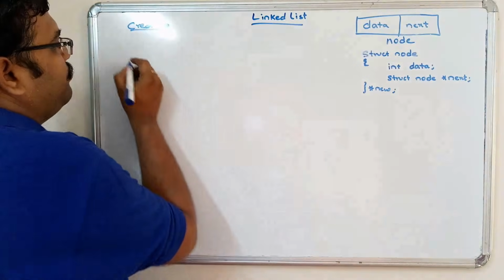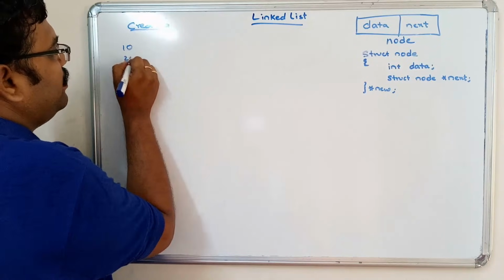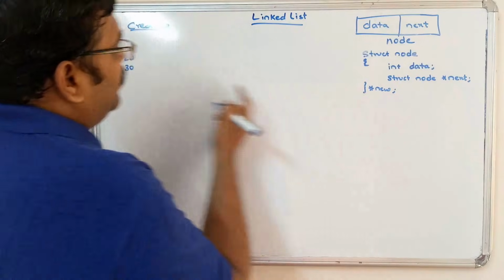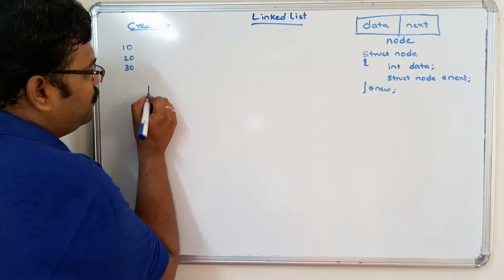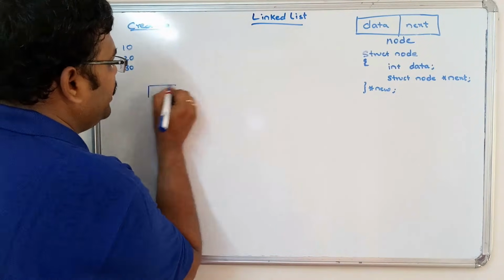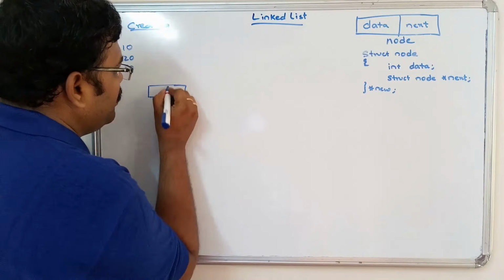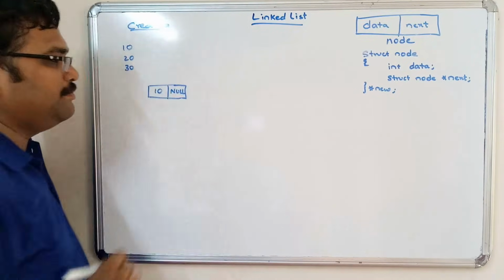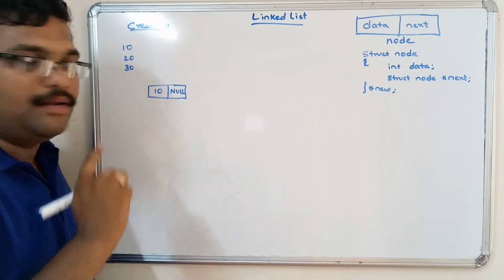If you want to create 10, 20 and 30, first we have to allocate the memory and then we will get the 10, and initially next will be null. 10 and null.